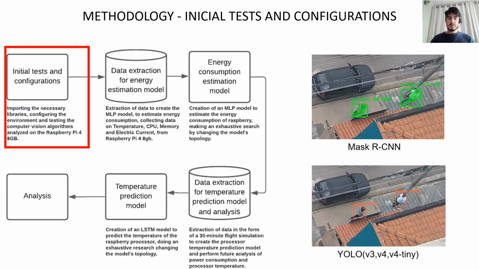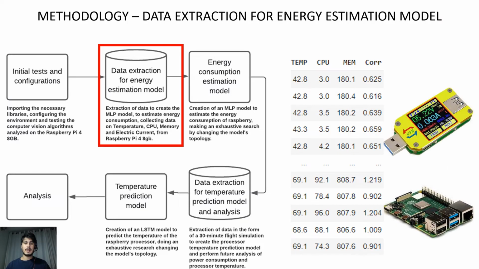The first step is to configure the Raspberry Pi to run the detector models, installing the necessary libraries and configuring the operating system. The next step was to extract the data that would be used to train the neural network responsible for returning the estimated energy consumption.